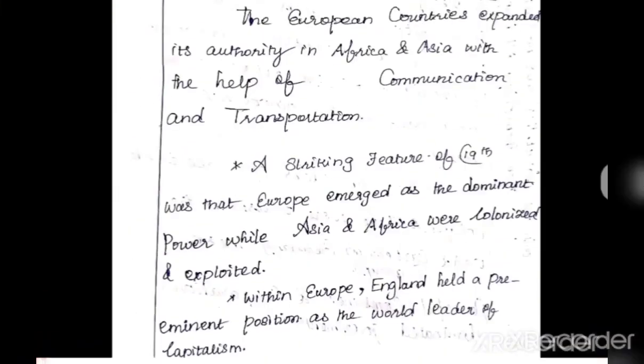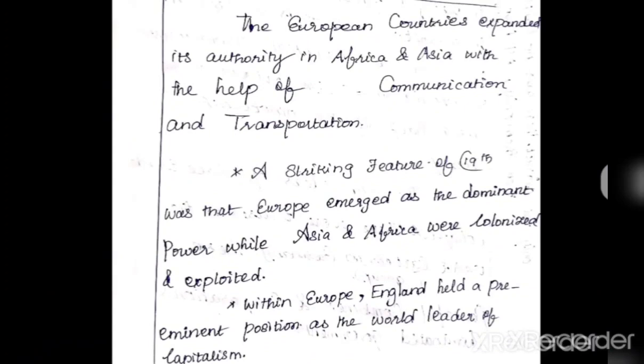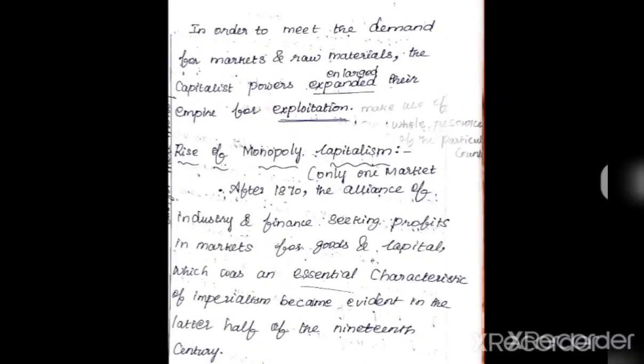Then next, under that para on European countries: the striking feature of the 19th century was that Europe emerged as the dominant power, while Asia and Africa were colonized and moreover exploited. Yes, like that they are telling in the book. Then in order to meet the demand for markets as well as raw materials, the capitalist powers, otherwise European powers, expanded their empire and their territory for exploitation.